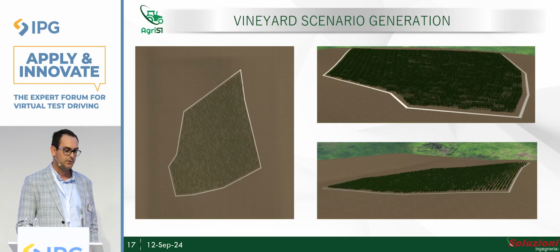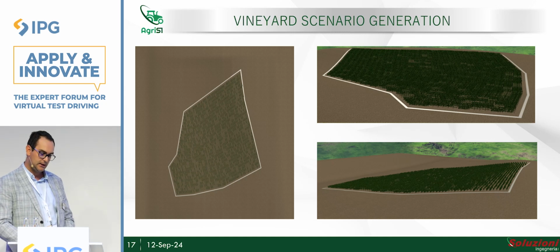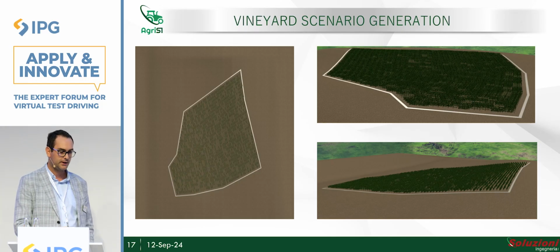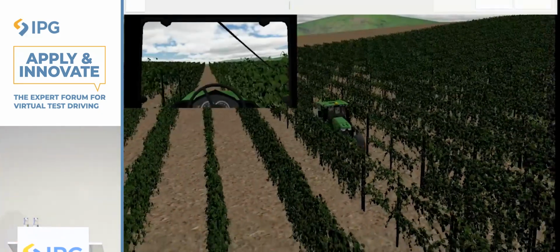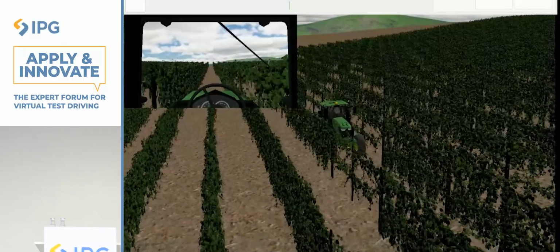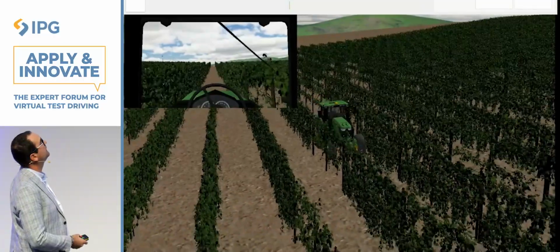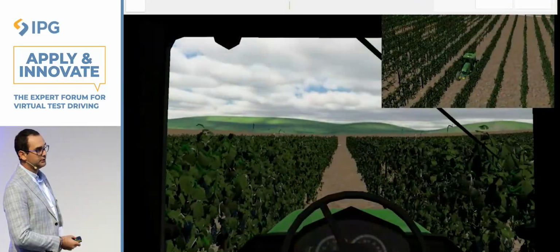With the second step, we can obtain something like this, with rows of plants on the field with different maturity levels. This is an example of how the vineyard appears inside the Agrisys simulation.